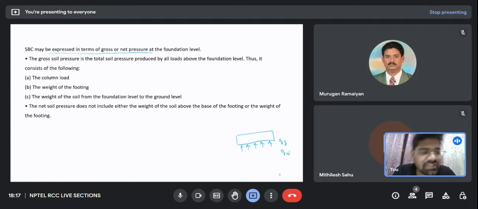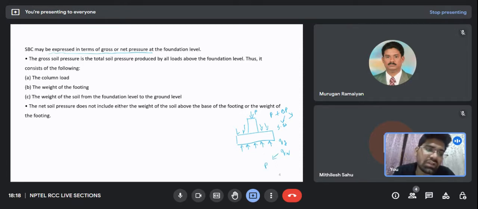Gross pressure is P plus delta P. P is the load coming from the column. Delta P constitutes the self weight of the footing plus the surcharge load which would be coming on this footing. So gross pressure is the entire pressure coming on the footing, and net pressure is only P.